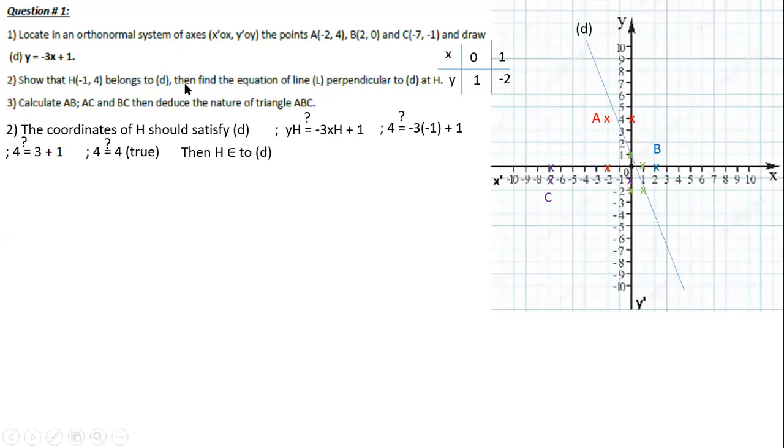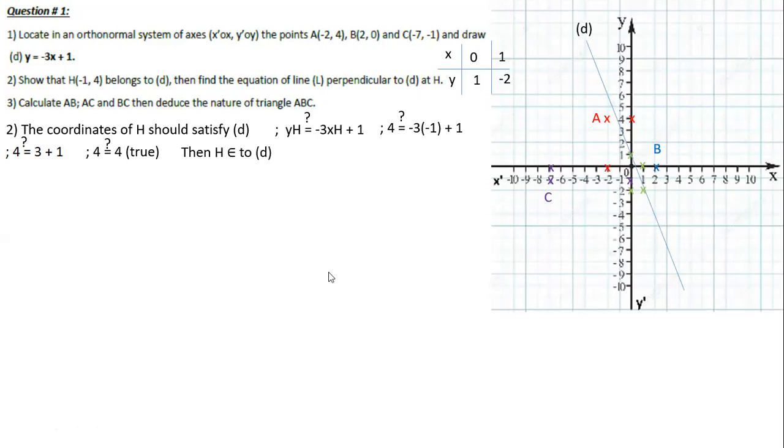We continue. Then we should find the equation of line L. L is perpendicular to D at H. So I ask myself, to find the equation of a line, I need a slope. Since line L and the straight line D are perpendicular, we know that the slope of L times the slope of D is equal to -1.